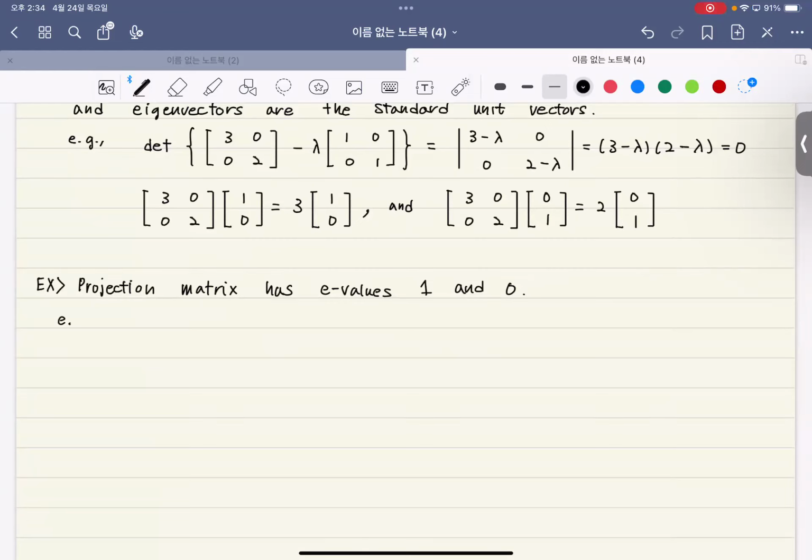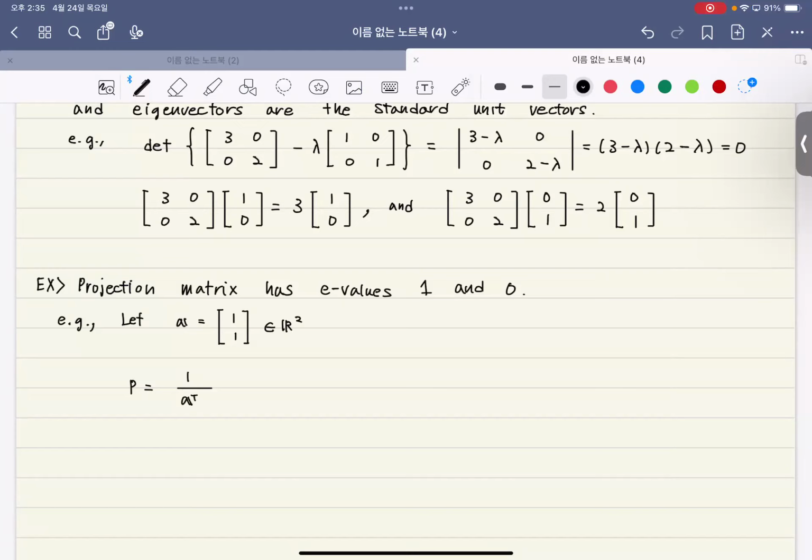For example, I have this, we regard this as a one-dimensional subspace of R2, and what is the projection matrix that projects onto this one-dimensional subspace? This is the easier one.